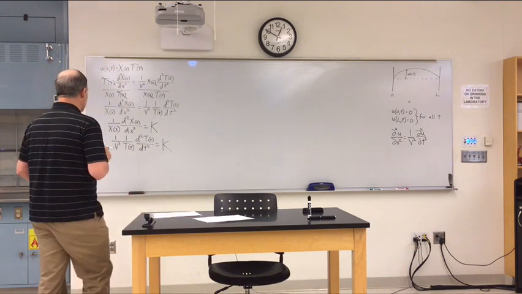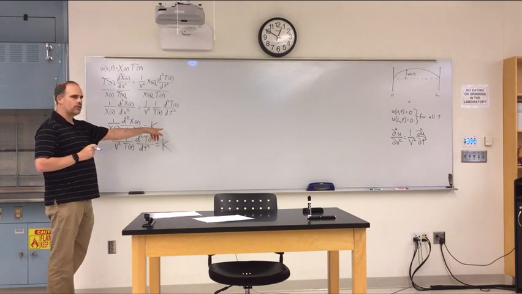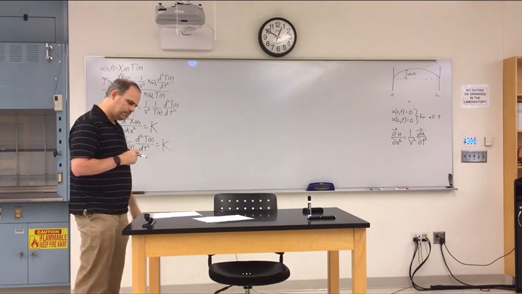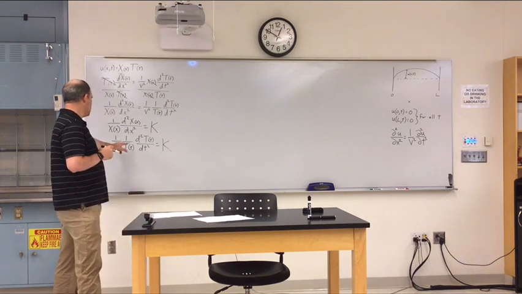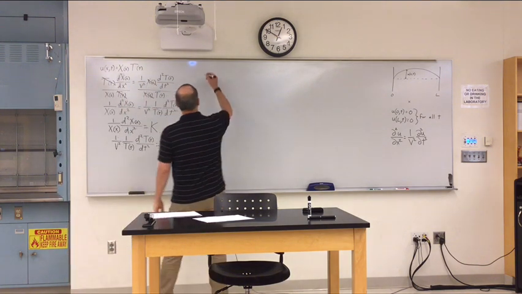Okay, so we can rearrange these. I'm going to move this k to the other side, and move the v squared and the T to the other side.